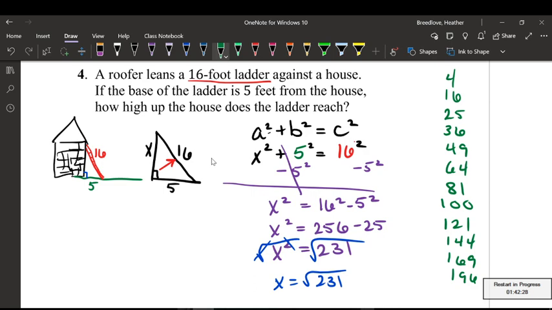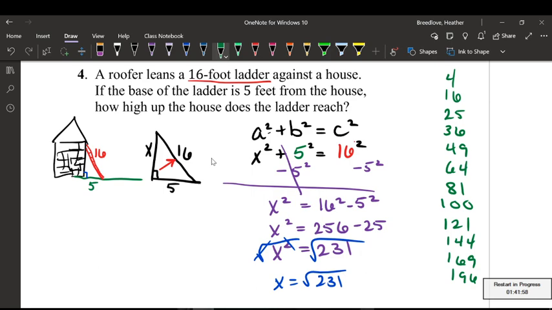It does not divide by anything. Alright, so it doesn't divide by any of these numbers. So that means we just leave it as the square root of 231, even though that's very large.